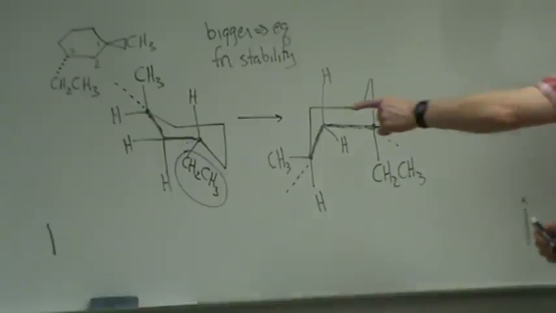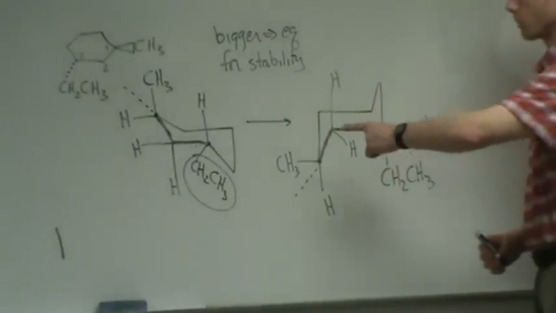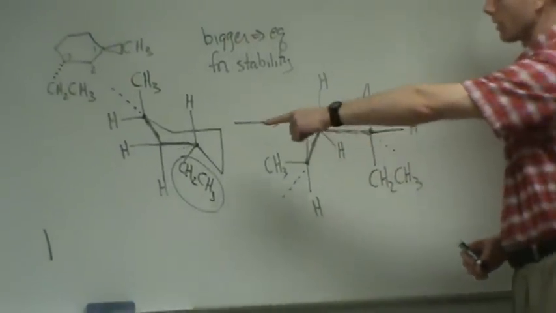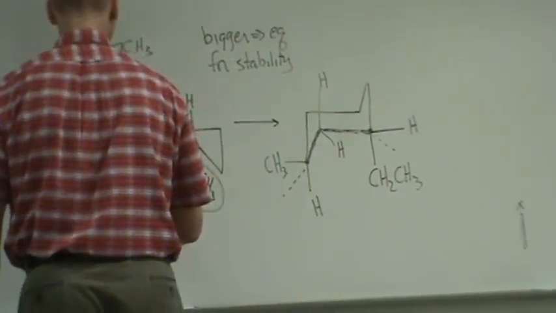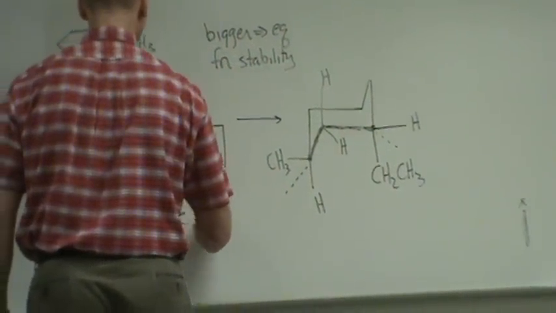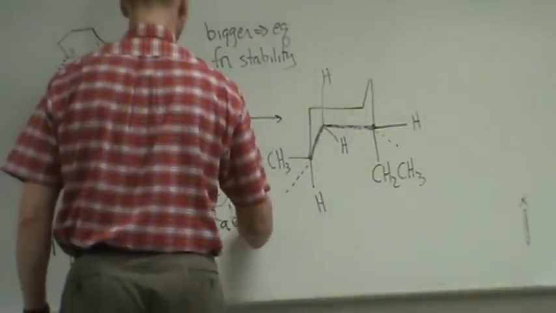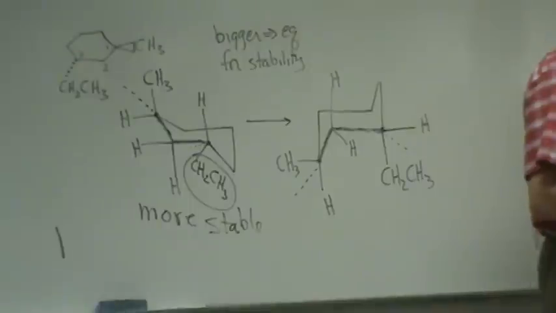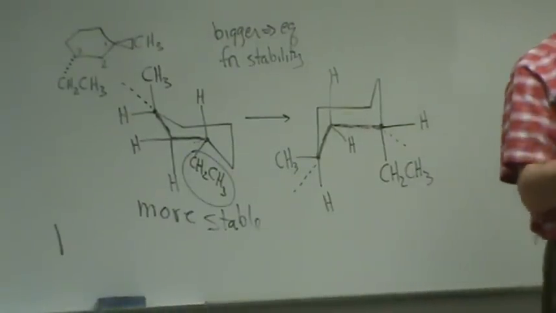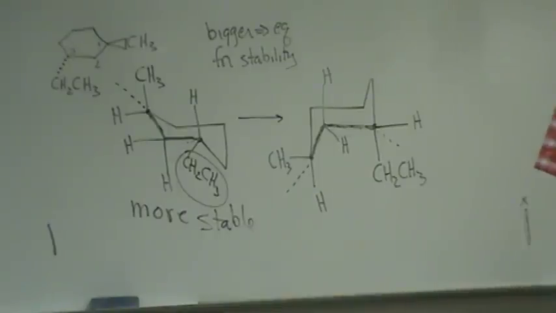So which of these two chairs will be the more stable? The first one. Okay, so that's how you handle if two groups are equatorial and axial.